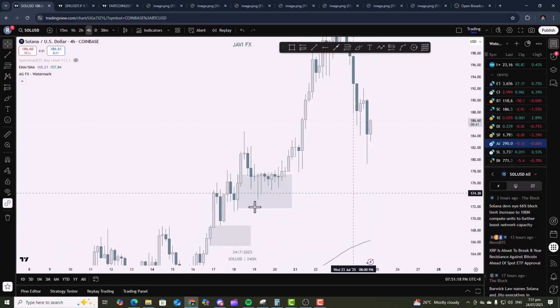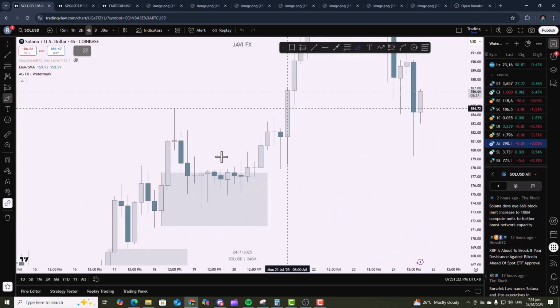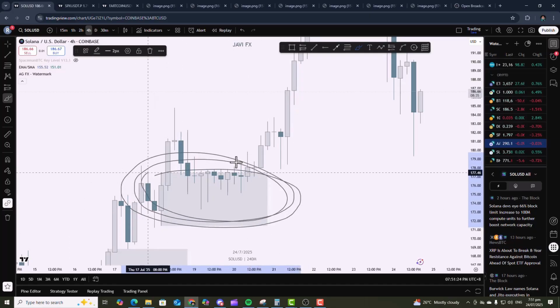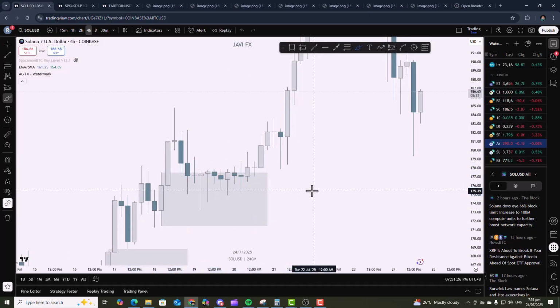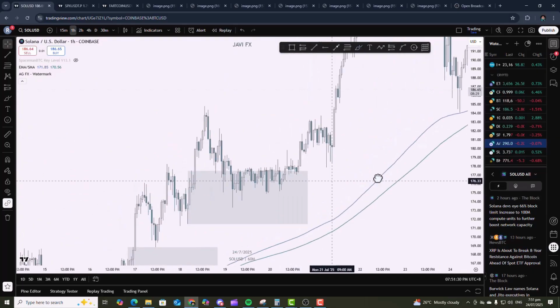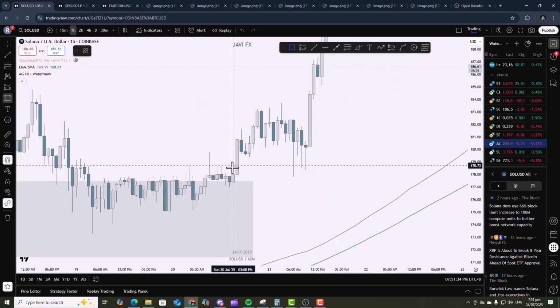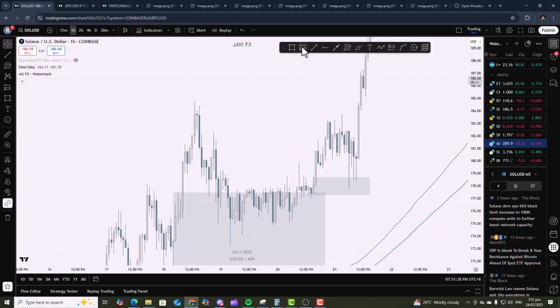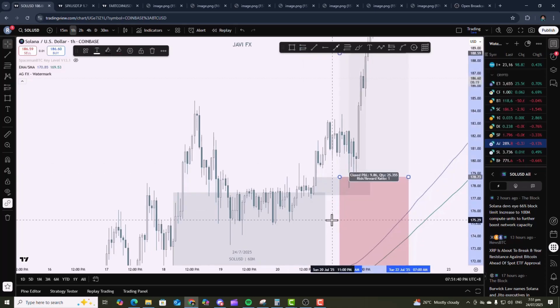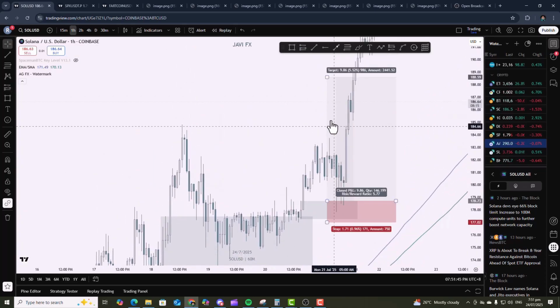So now that price is in this demand zone, I'd see where I could take some continuations from. So I see a 1 hour demand zone right here that I'd like to bid. Right there. That I'd like to bid.